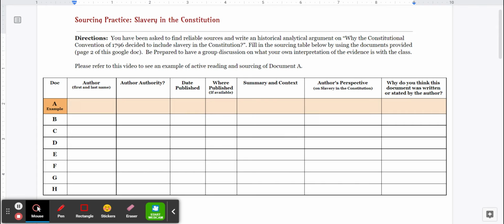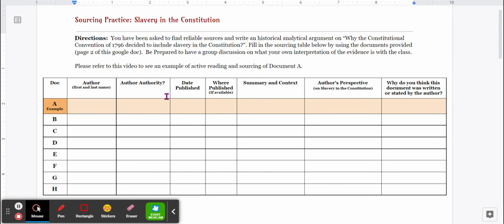So this sourcing document right here is a worksheet that you're going to be working on. I'm going to give you an example of how to fill this out with some active reading, and then you're going to do some practice of active reading and sourcing.